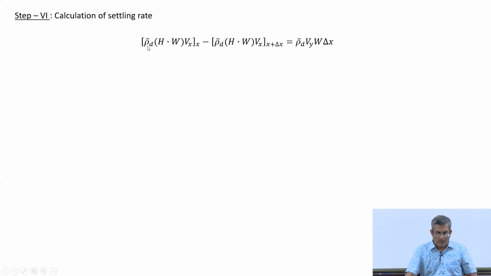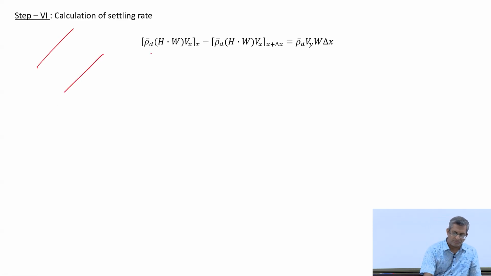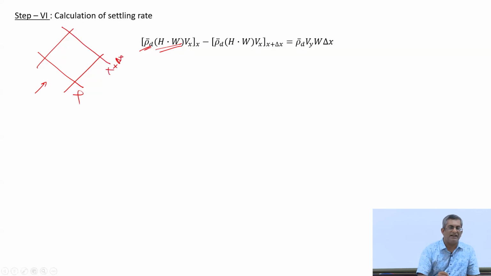For that we need to do a mass balance. So here you see this is the bulk velocity of the particle times the projected area, assuming that W represents the dimension perpendicular to the plane of the paper, times the x component of velocity at some location x, minus the same quantity at some location x plus delta x.